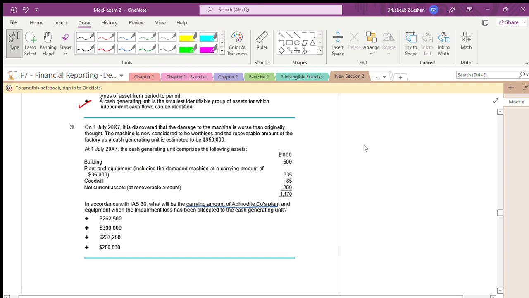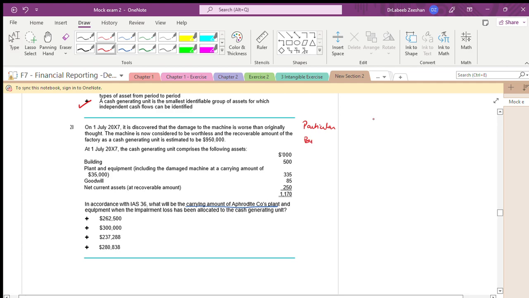Is it right? How we used to do? We used to do particulars, and we will put the columns.